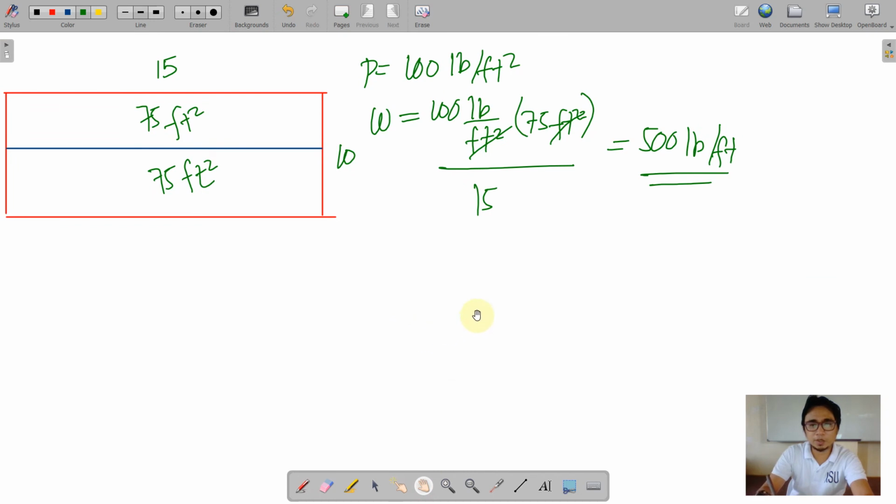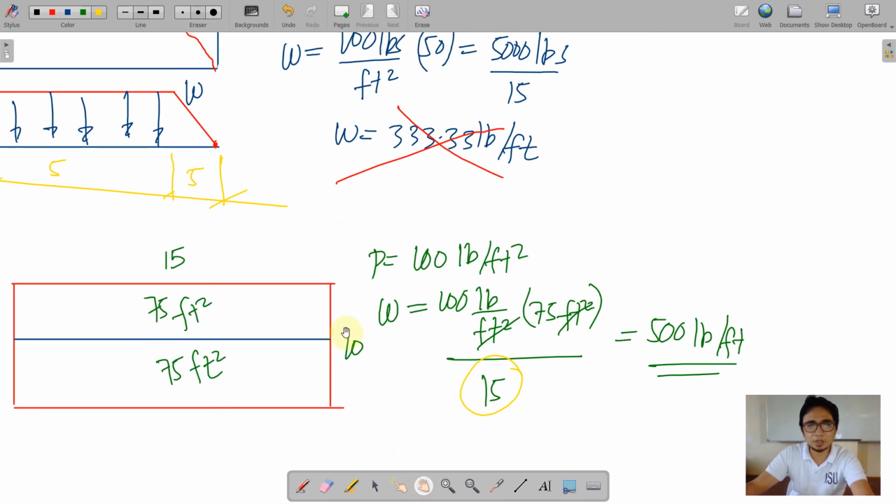When we say peak value, we are now correct to divide here by 15 because 100 is equally distributed to 15.